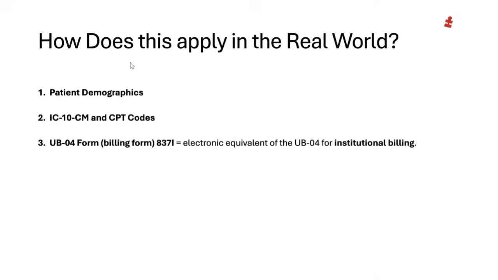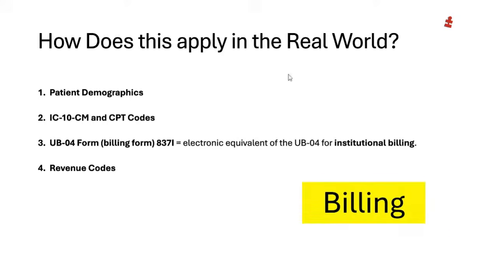Now, how does this apply in the real world? Well, you're going to have to do some billing, right? So, in other words, you're going to have to take the patient demographics, the ICD-10 codes, your CPT codes, and put this information on the UB04 form, the one I've shown you at the beginning.